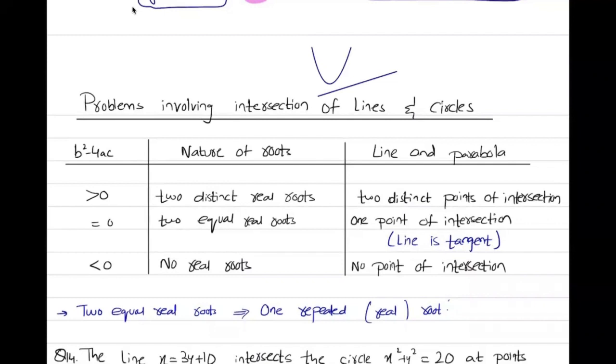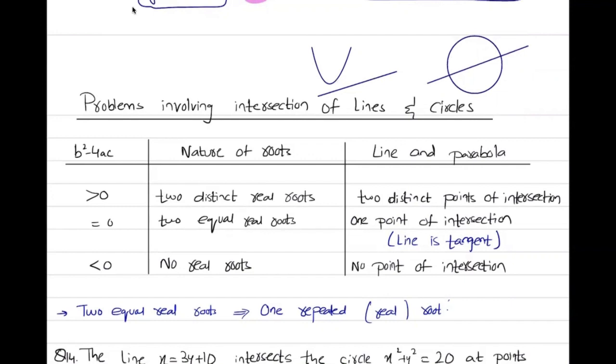Now, if we extend the same concept on circle, the line can intersect the circle at two different points. If it intersects at two different points, then to find the point of intersection, you are going to solve the equation of the circle and the line simultaneously.